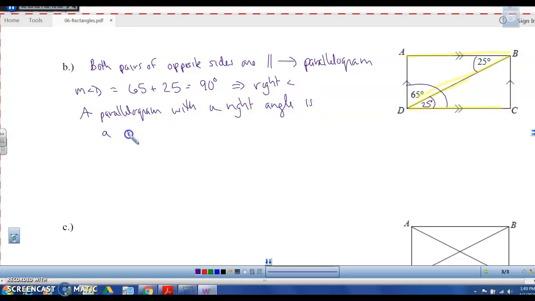So yes, this is a rectangle because we proved it. Okay, let's do the last one.